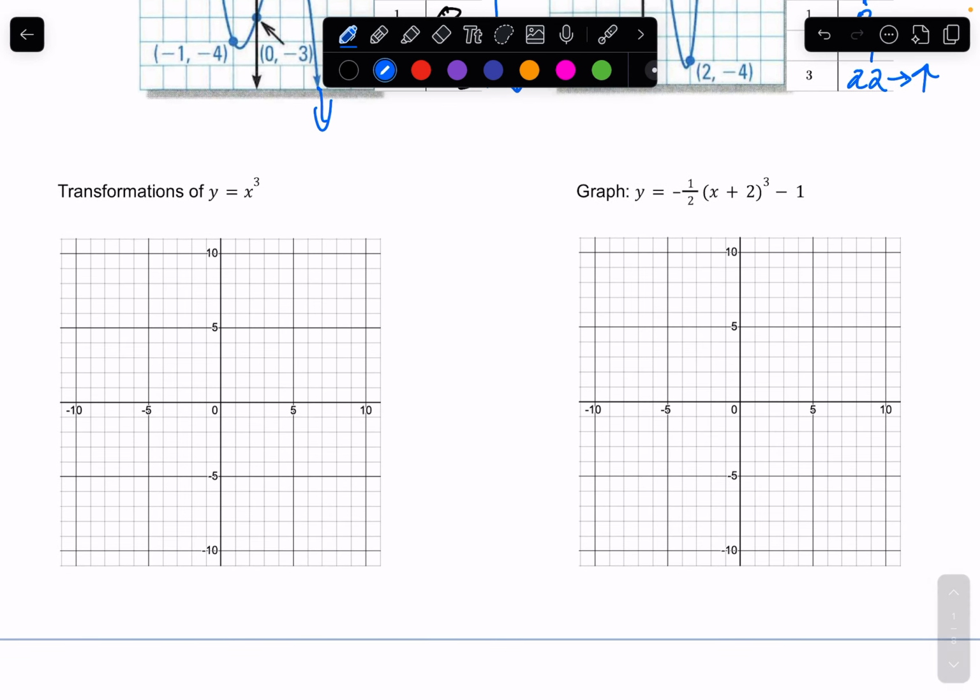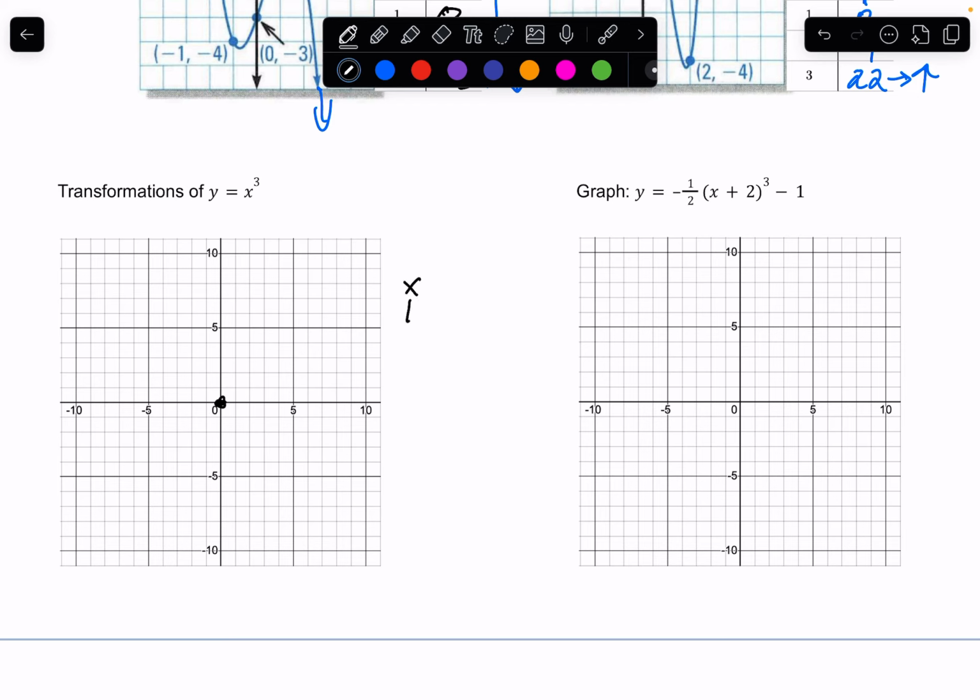The other thing that we talked about in class was graphing x cubed. So when I'm graphing x cubed, I start at 0, 0, and then I think about my cube.